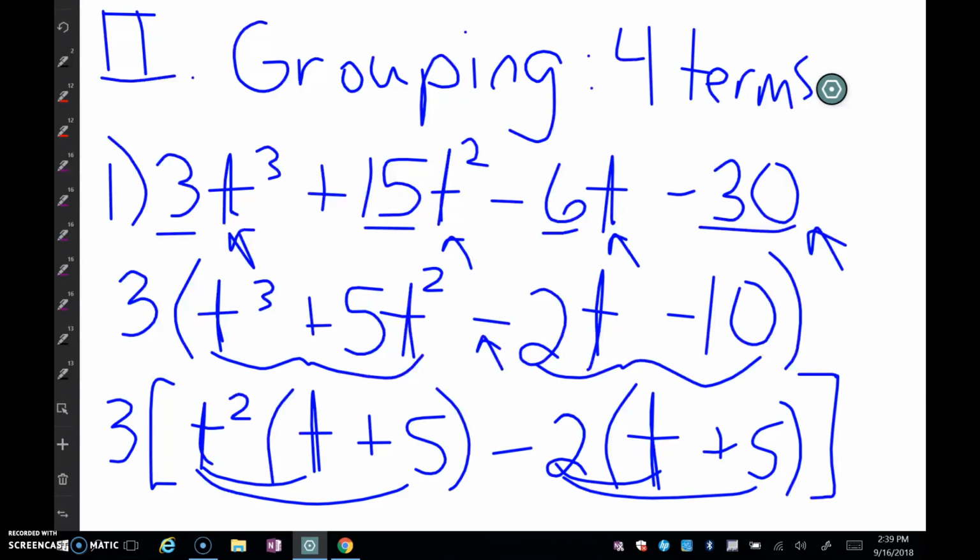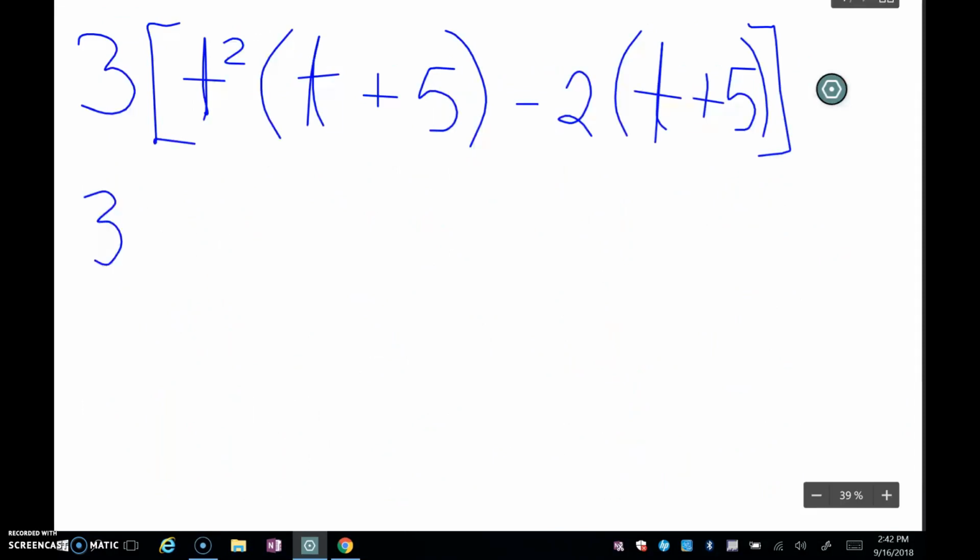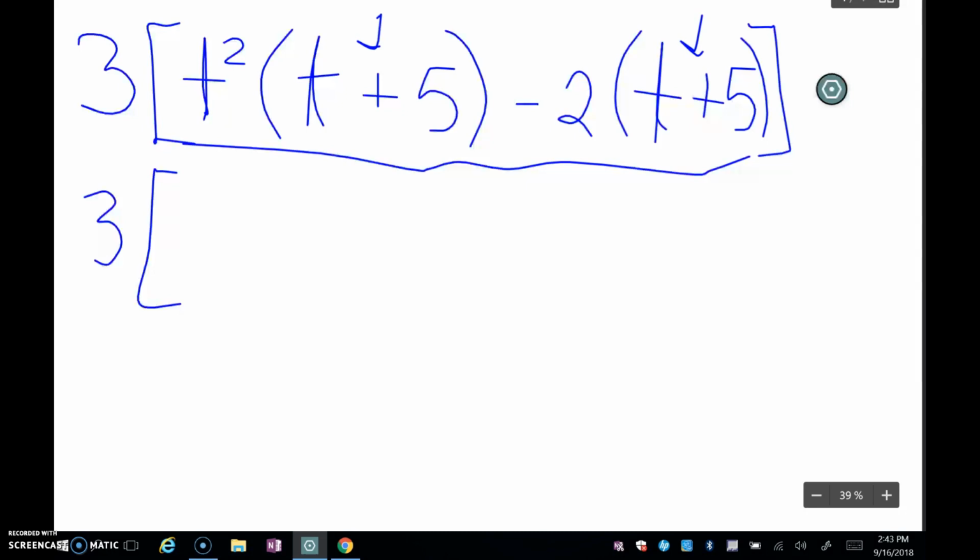Now I've got to continue this problem and finish it. Inside this larger parenthesis, you're seeing the t plus 5 come up for both terms. This is kind of weird, but you can also factor out an expression. Since they both have a t plus 5 in them, I'm going to factor the t plus 5 out.